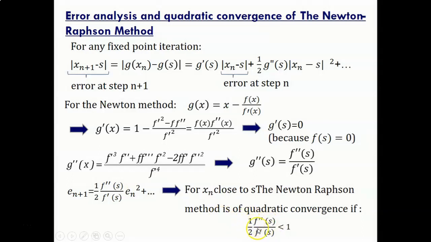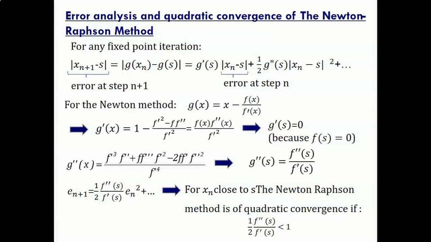So if this quantity 1/2 f secant of s over f prime of s is inferior to 1, we said that the Newton is of quadratic convergence. This means that the error at step n plus 1 would be inferior or equal to the square of the error at step n.